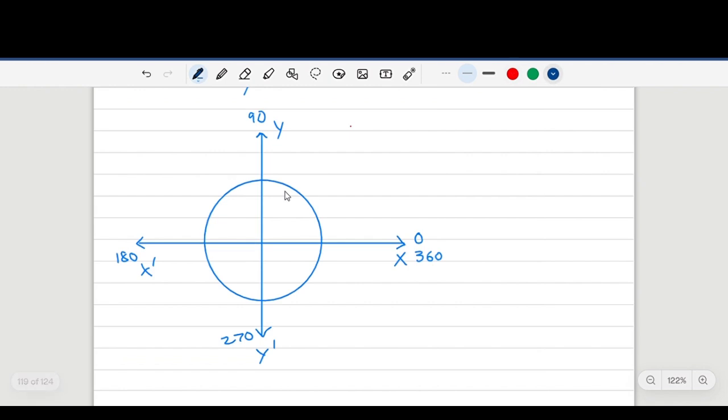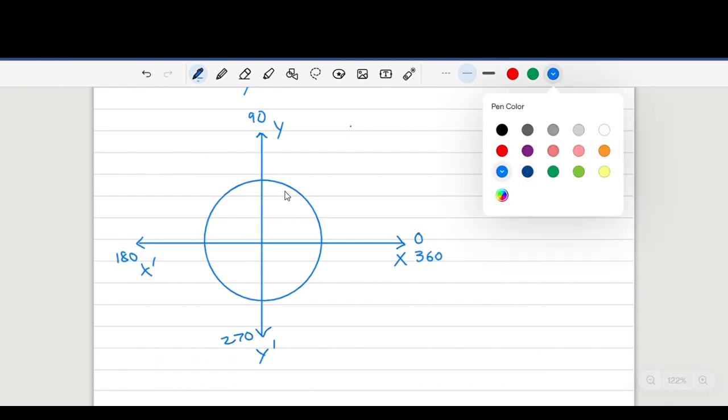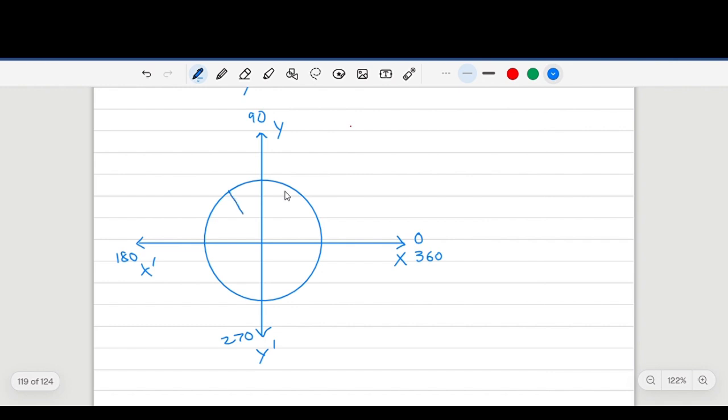So let's discuss an angle in the second quadrant. Here we go. This is my theta. For this theta, there is no right angle triangle that can be formed in an obtuse angle triangle, isn't it? So what we do is form a right angle triangle on the other side.